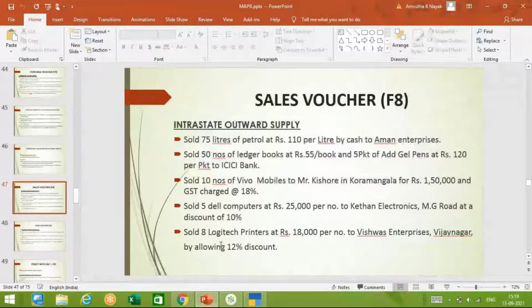I think we have done with the sales vouchers, correct? Just take a screenshot, work it after the class. We purchased these items and we sold them.